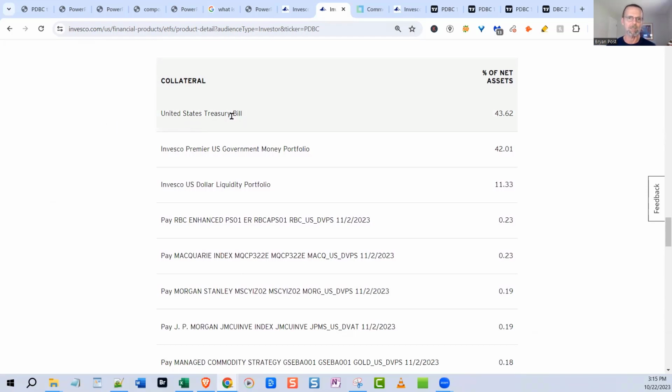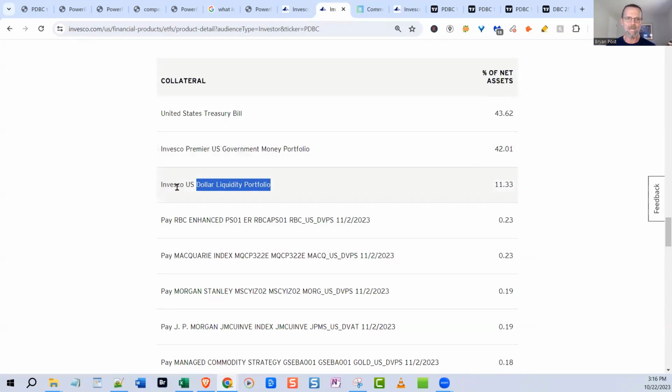And so they're doing that with these, which are 1 year or less US Treasury bills. This money market portfolio is short term. It's money markets and similar investments. Dollar, this is basically the bank. It's exposure to the banking industry.